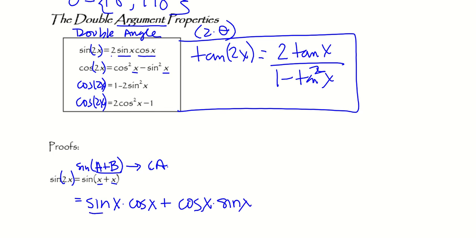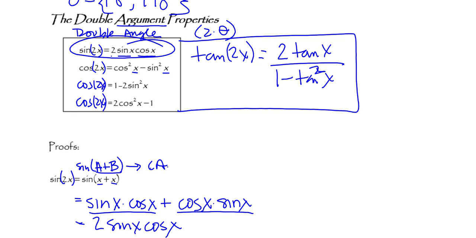Well, these are like terms, because multiplication is commutative. So we can add them and we get 2 times the sine of x times the cosine of x, which is our double angle or double argument identity for the sine of 2x.